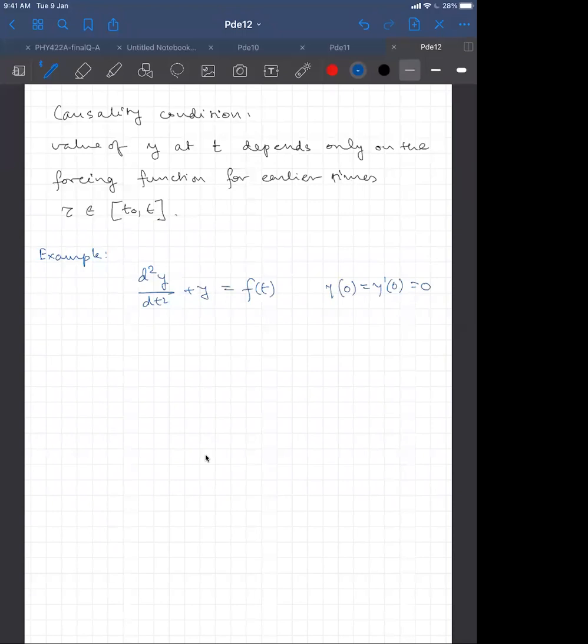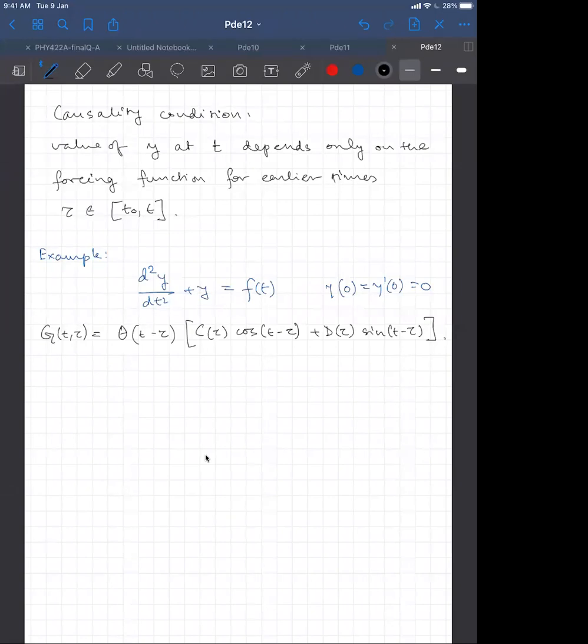Following the procedure that we have described above, what we're going to find is that g of t, tau is going to be given by theta of t minus tau, times c of tau cos of (t minus tau) plus d of tau sine of (t minus tau). Okay, where the choice of basis, cos of t minus tau and sine of t minus tau, just simplifies our analysis.